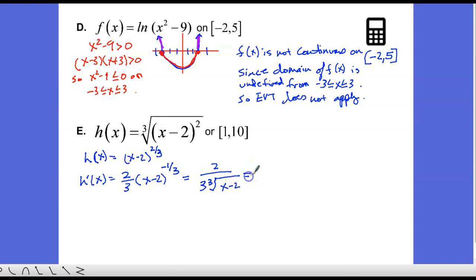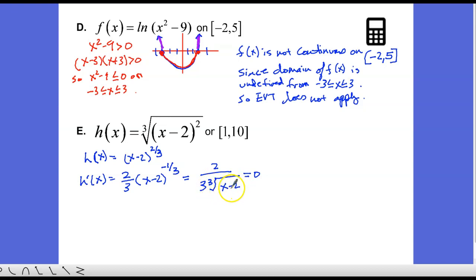And of course, we're going to set this equal to 0 so that we can solve. Now, this is a rational function, so we need to check when the denominator is equal to 0. The denominator is going to be equal to 0 anytime the cube root of x minus 2 is equal to 0, and that's going to happen when x is equal to 2. Now I don't have to worry about setting the radicand greater than or equal to 0 because you can take the cube root of a negative number.